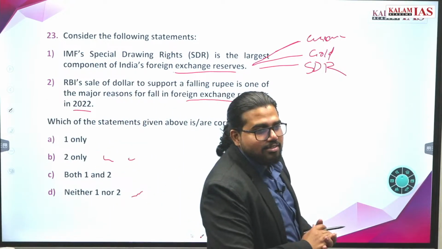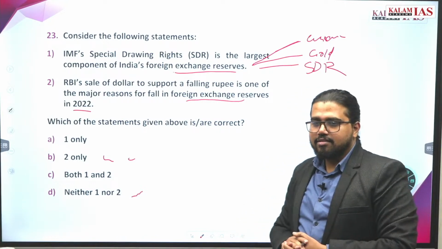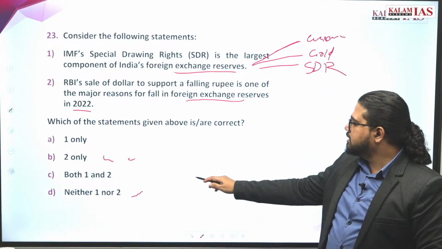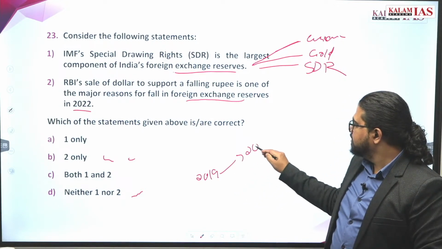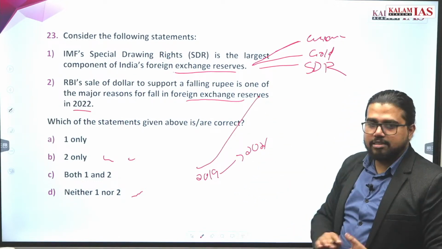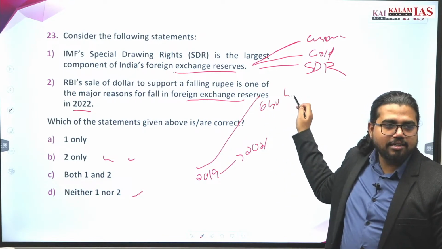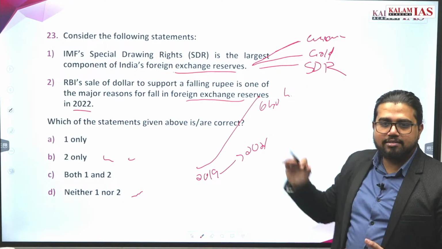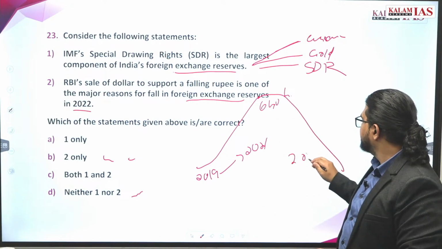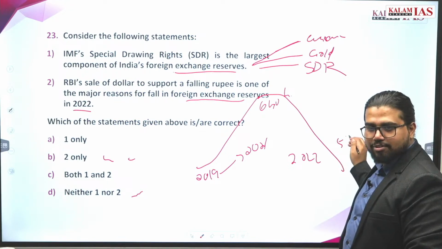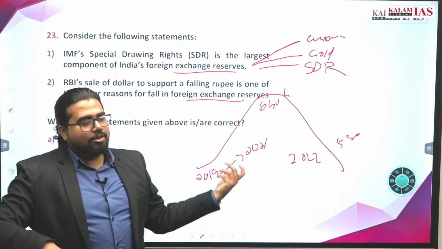For the last 3 years, from 2019 to 21, it was continuously increasing, booming. We reached a peak of something like $640 billion in 2021. Now it has been falling this year, 2022. It has fallen to something like 530, 520 billion dollars. Now why has it fallen?